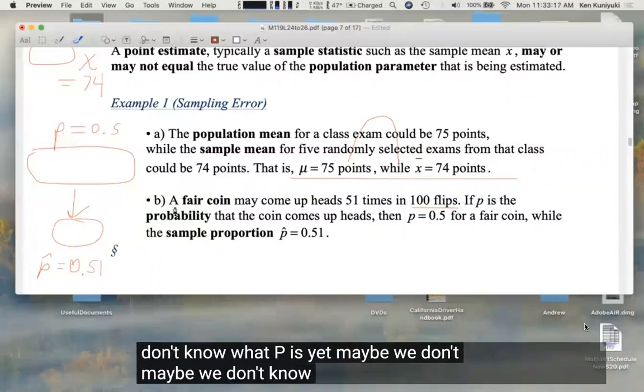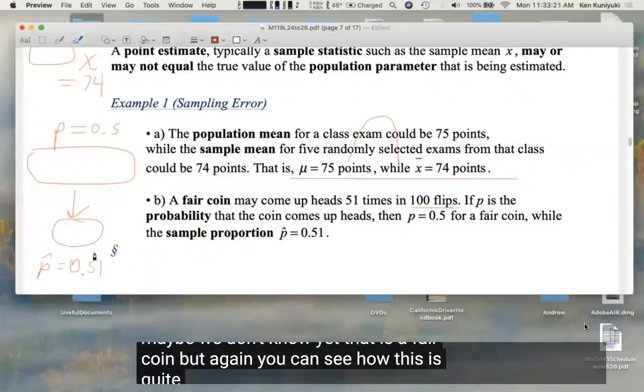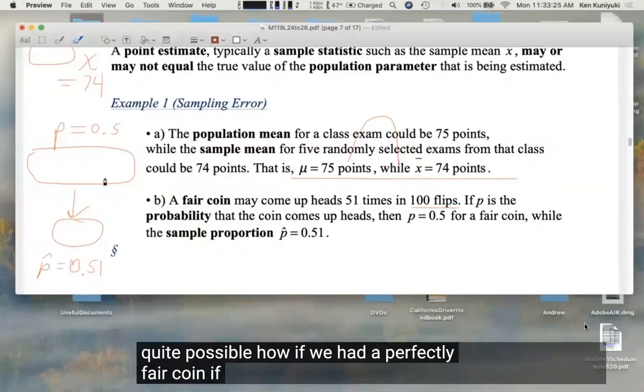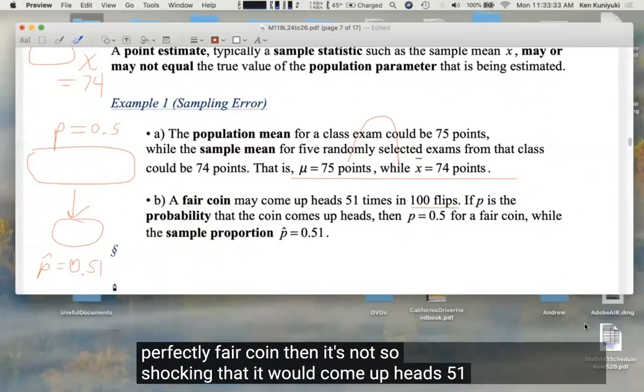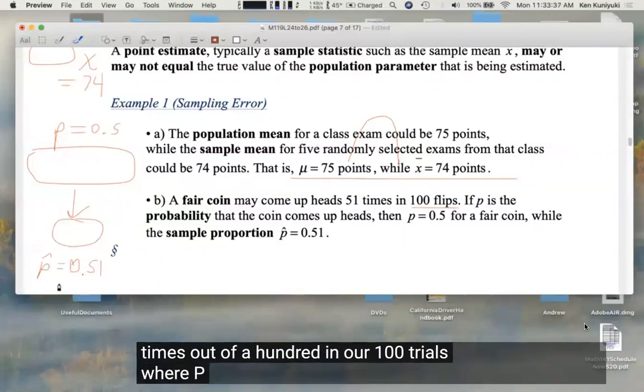Maybe we don't know yet that it's a fair coin. But you can see how this is quite possible. If we had a perfectly fair coin, which is the hard part to conceive of, then it's not so shocking that it would come up heads 51 times out of 100 in our 100 trials, where p hat is 0.51.